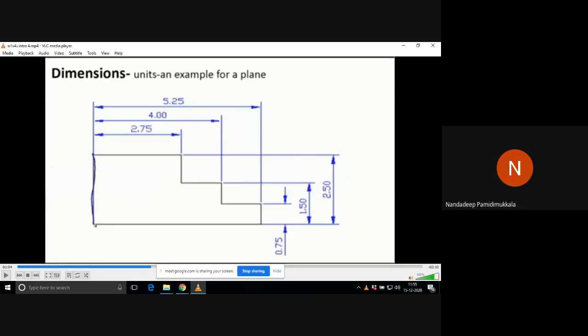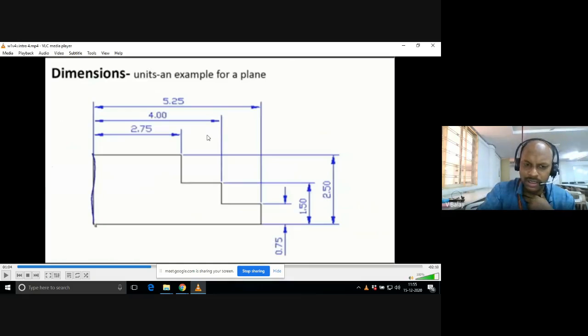Now you can see here, forget about 2.75, you imagine or assume it is 2.75 millimeter, 4 millimeter, 5.25 millimeter. What I am saying is, actually this is the object. Some steps, staircase, right? This is the actual object. Black color lines are the object, but these blue color lines are there, right?